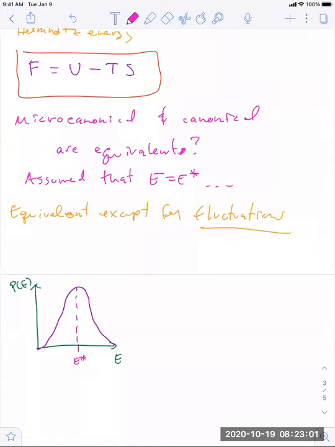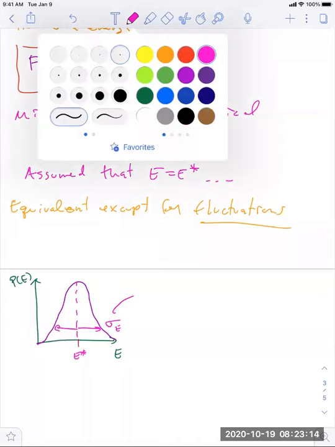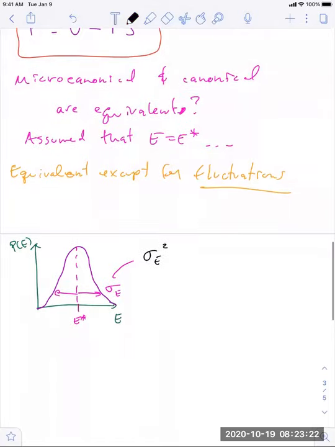But in reality, there's some width to this, which is going to be equal to the standard deviation in the energy, roughly. So usually instead of standard deviation, we think about fluctuations in terms of variance. So this symbol just means the variance, or the squared standard deviation, of the energy.